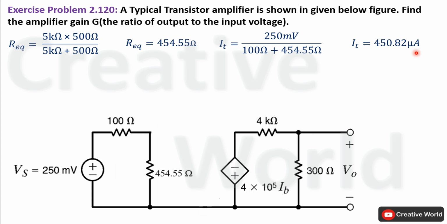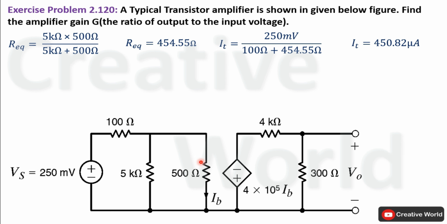So the value of current will be 450.82 microampere. And the direction of current will be clockwise, leaving from the positive terminal and entering towards the negative terminal. Now we have calculated this branch current that will act as total supplied current. So we will move back to our original circuit to calculate current through this branch using the current divider rule.